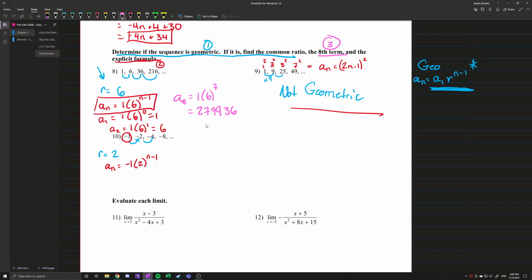Right, then we want to find the 8th term. So this is going to be negative 1 times 2 to the power of 8 minus 1. So we should get negative 127. Negative 128, sorry.